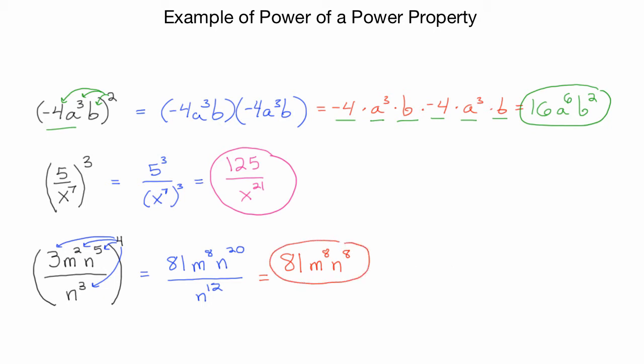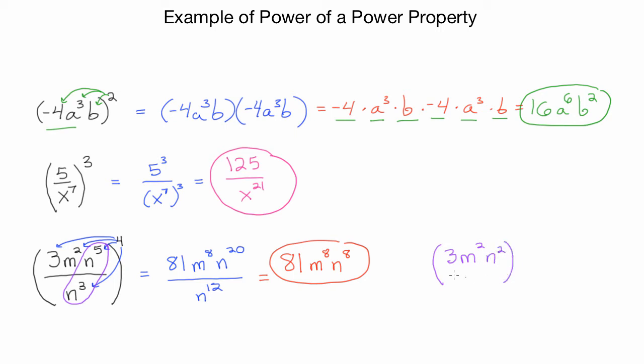But now let's look at another approach. What if I took this problem and instead of applying the 4th power right away in the power properties, what if I simplified some things first? What if I simplified n to the 5th divided by n to the 3rd first and did 5 minus 3? Well, that would give me, in parentheses, 3 times m squared. And n to the 5th divided by n to the 3rd is just going to be n squared.